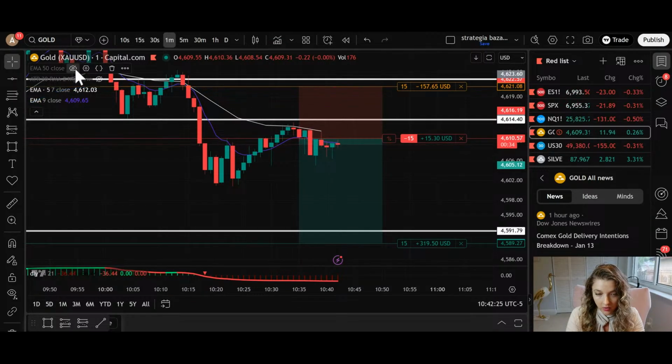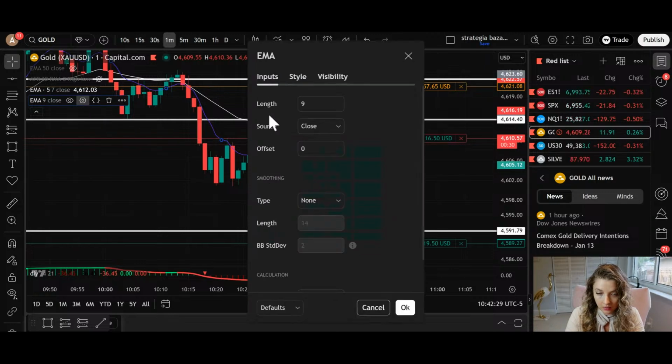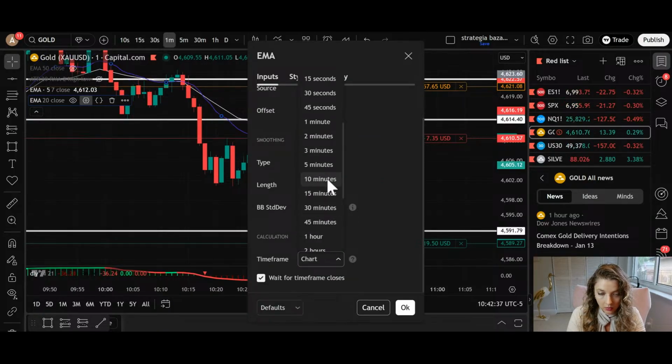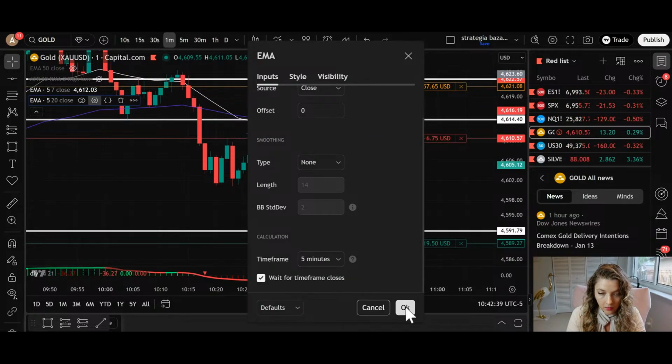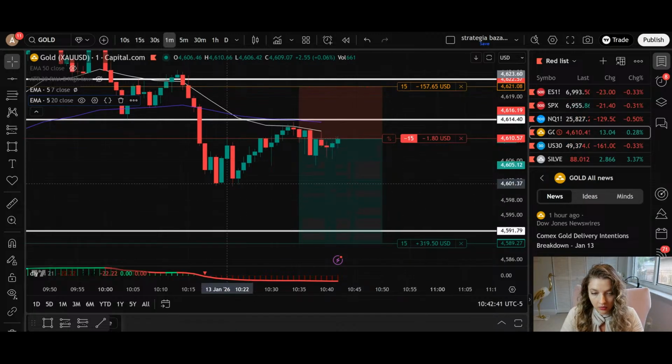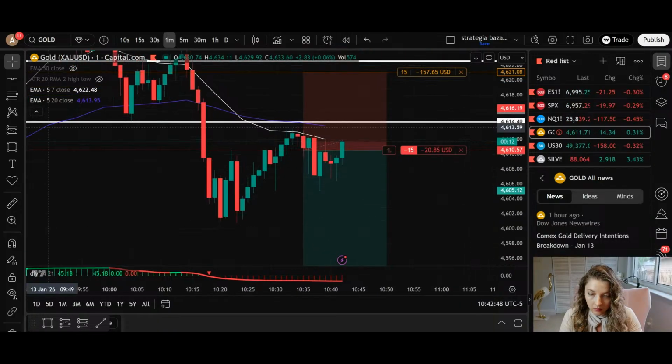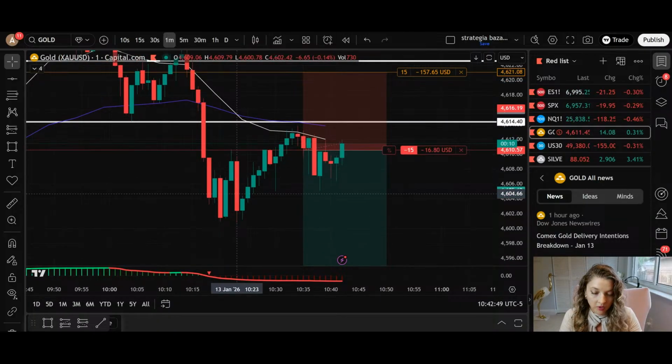Let me hide mine, and I'll put the 20. 20 on a 5 minutes. Okay, so your cross is here. This is where you will take.